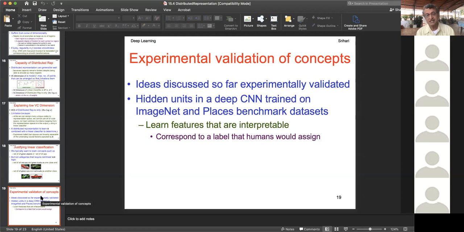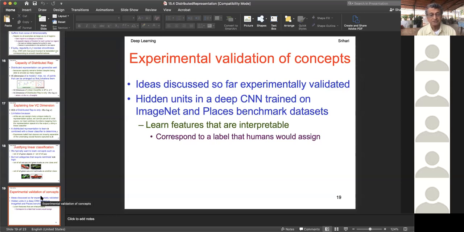So now let's see, ideas discussed so far have been experimentally validated. Hidden units in a deep convolutional neural network have been trained on ImageNet and Places benchmark data sets. And they learn features that are interpretable corresponding to a label that humans would assign.